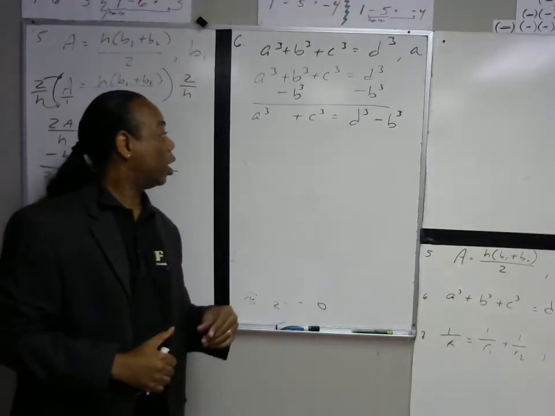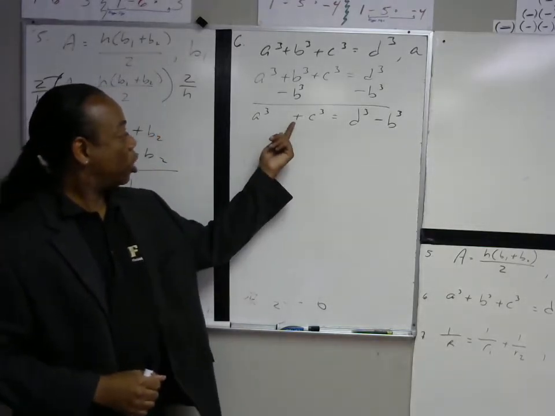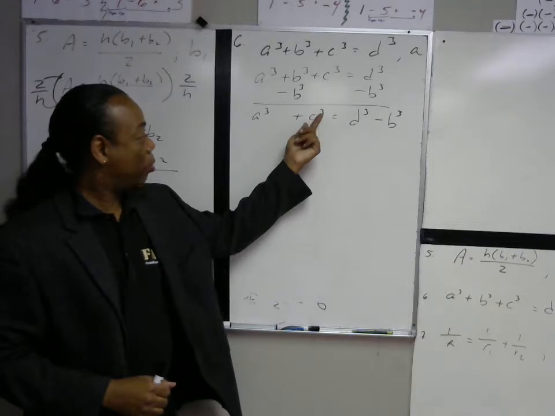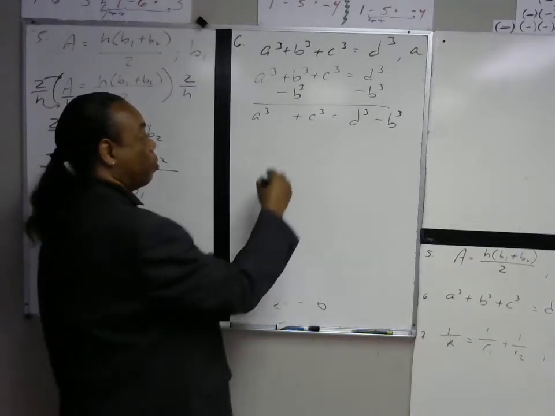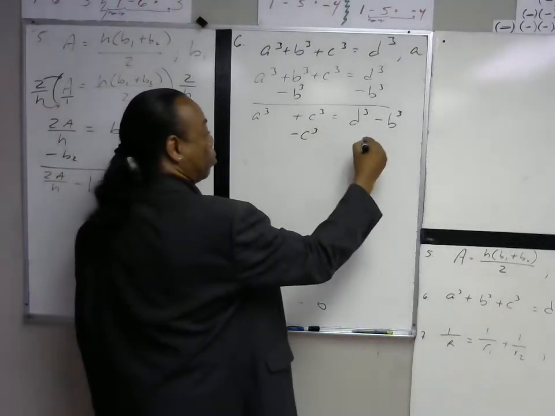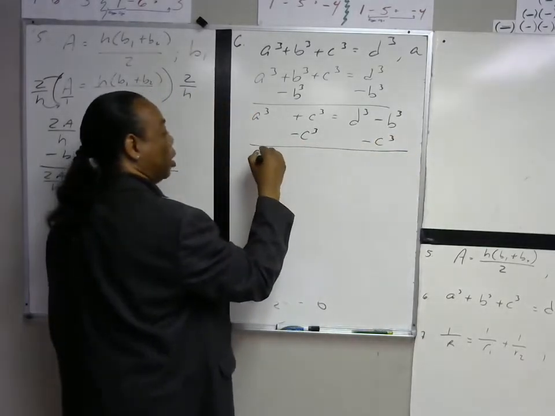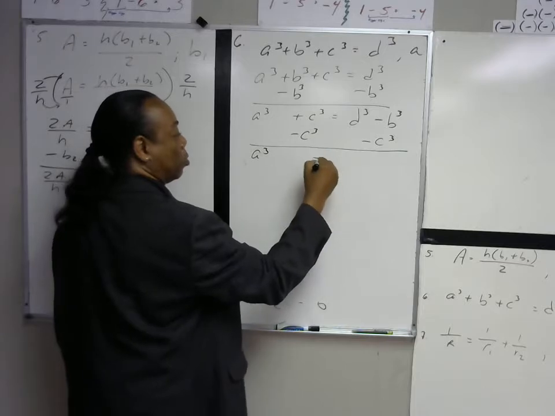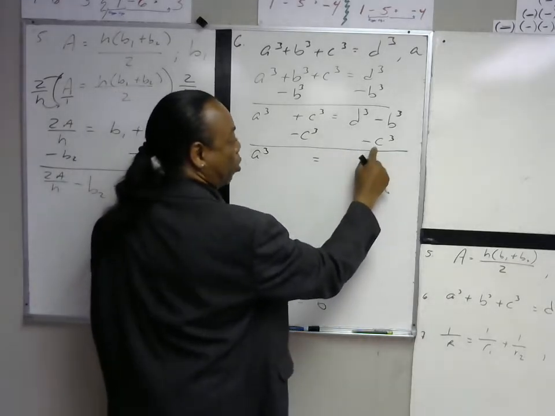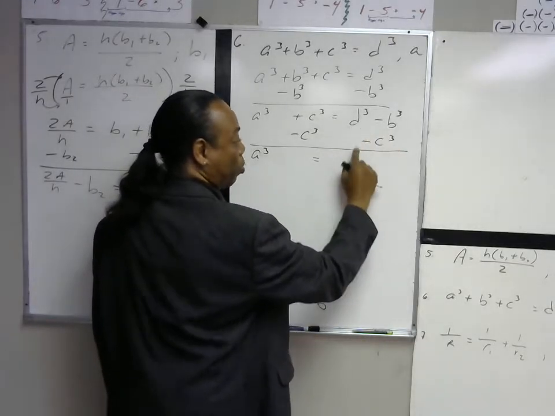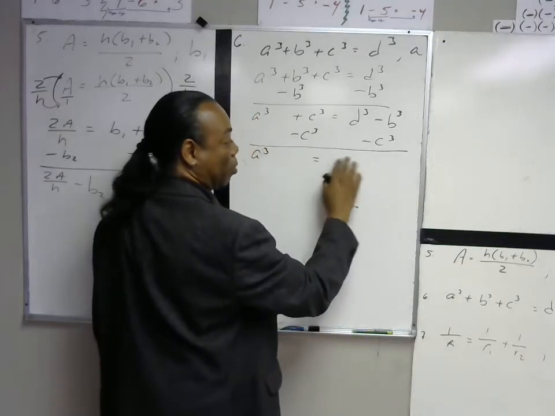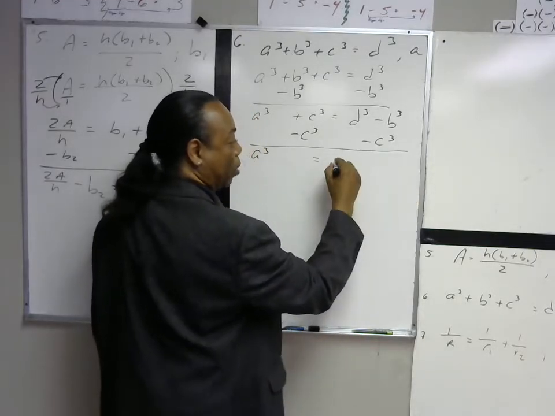Okay, next. We want to get rid of this adding C to the third power. So I'm going to use subtracting C to the third power. And we'll get A to the third power, these cancel. And we have 3 terms here. None of them are like, so we're going to just line them next to each other.